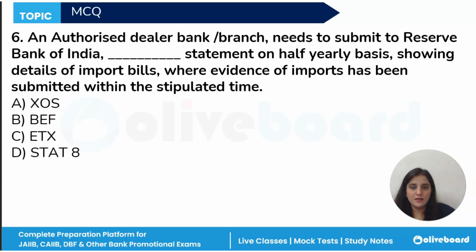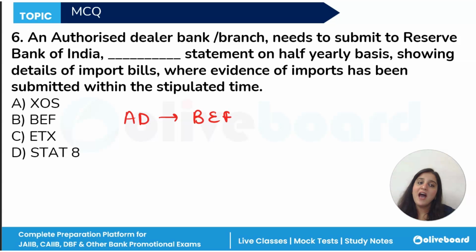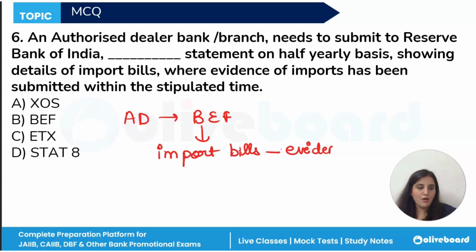So if we talk about AD, that is authorized dealer, bank or branch needs to submit to Reserve Bank of India the bill of entry forwarded, that is BEF statement, on a half yearly basis. Now what is BEF statement? BEF statement details the import bills where evidence of imports has been submitted within the stipulated time.